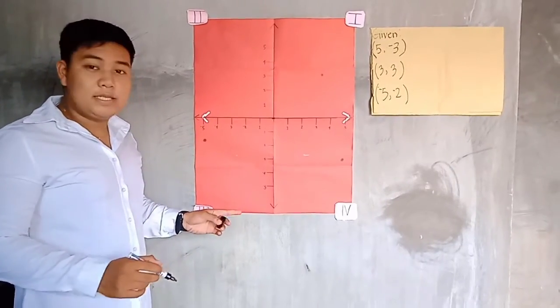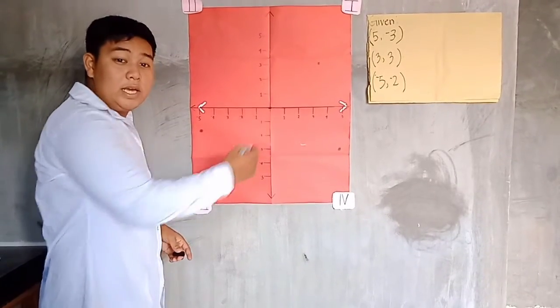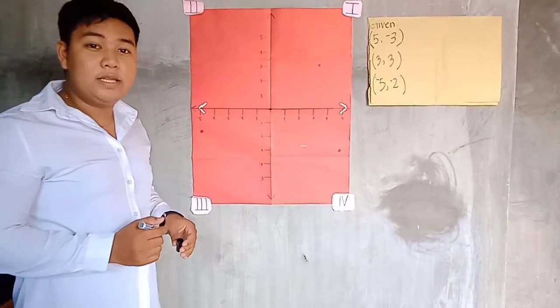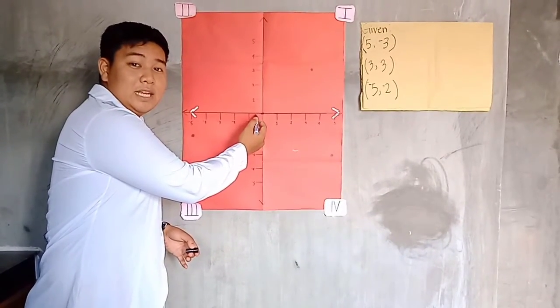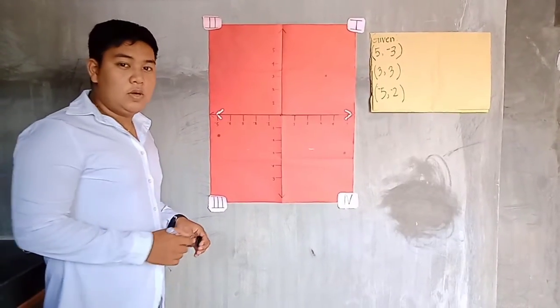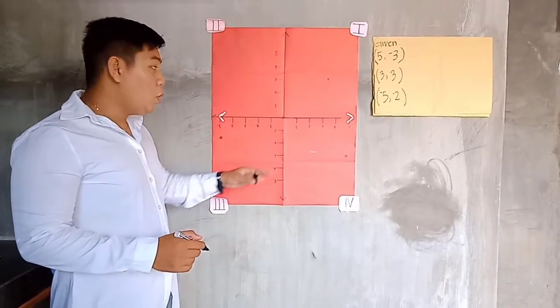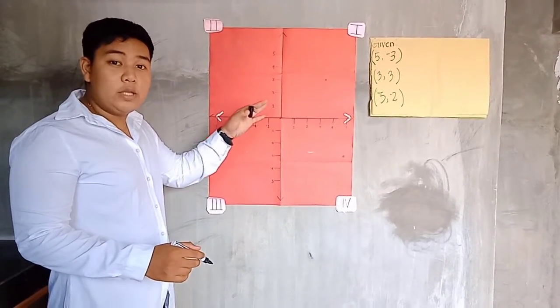The third question is, the number lines intersect at a point called what? Okay, Mr. Gabriel, you're raising your hand. Okay, that's correct. It's called the origin, denoted as a capital O. Okay, the next question is, what do you call these four regions labeled with Roman numerals?